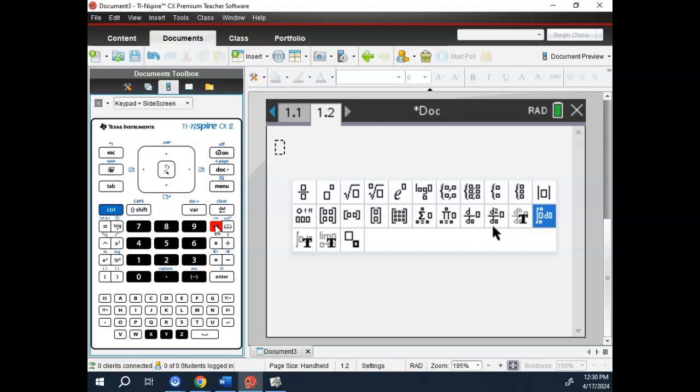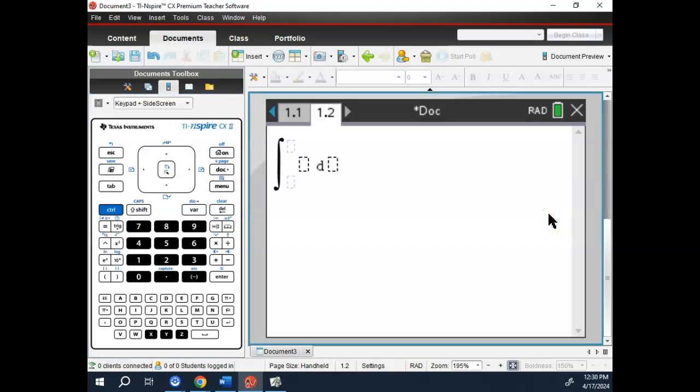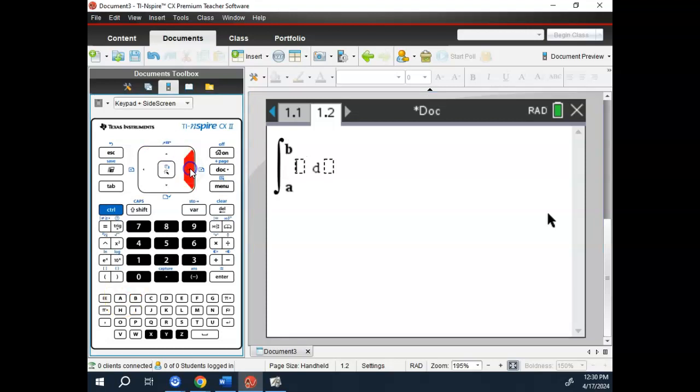Right? So if you're looking for absolute value, it's there too. All right, so then I'm literally going to put in A and B. And then F1 of X, even though it's Y, minus F2 of X, and dx, even though it's Y.